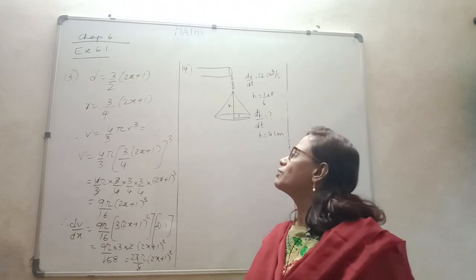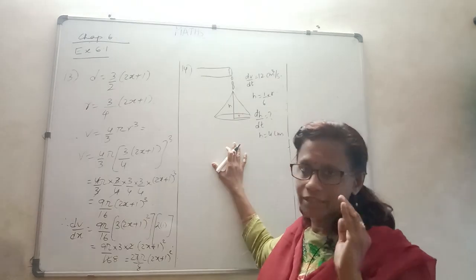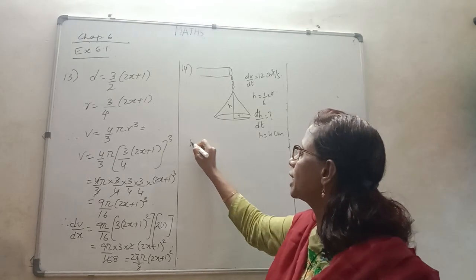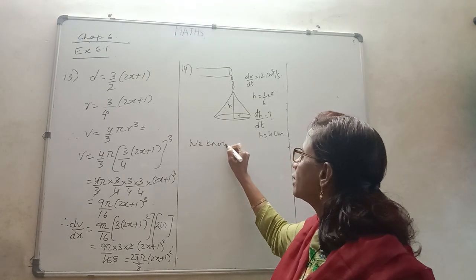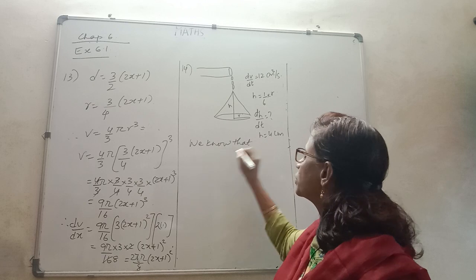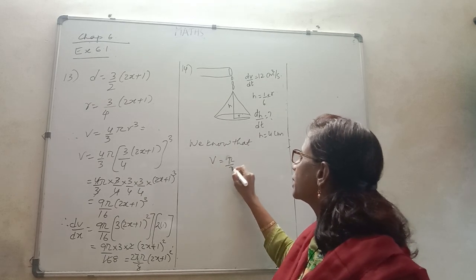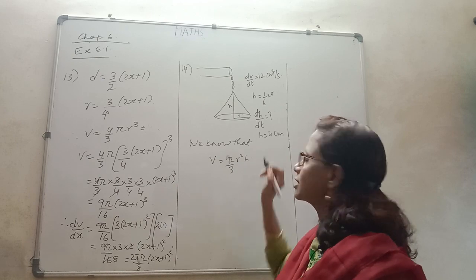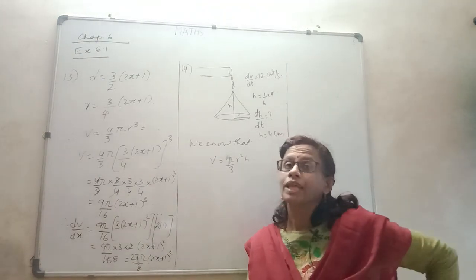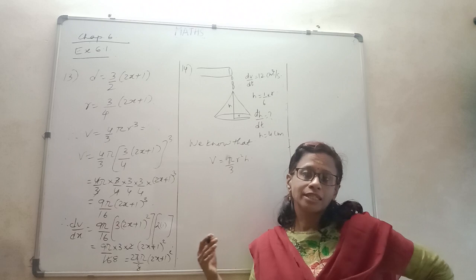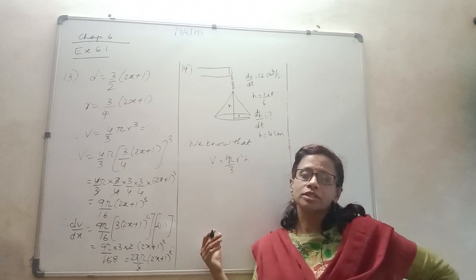With all this data in the background, what do we know? We know that the volume is π/3 r² h for a cone. We have been learning earlier that we cannot take the derivative with respect to two variables.